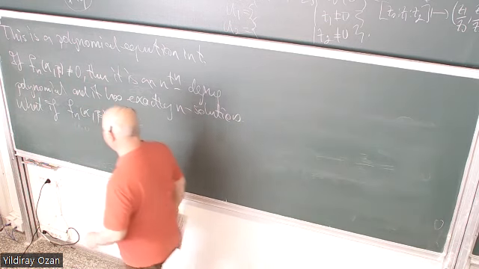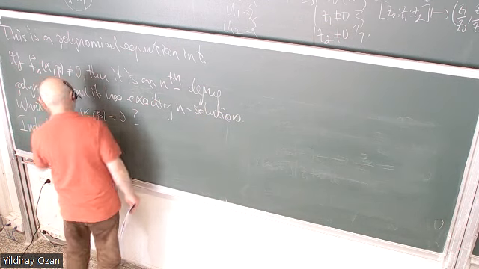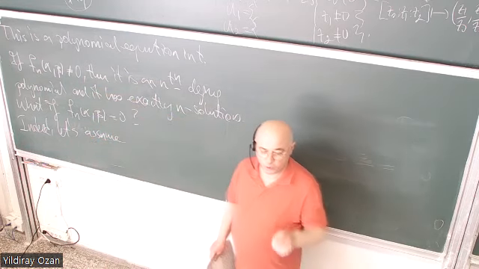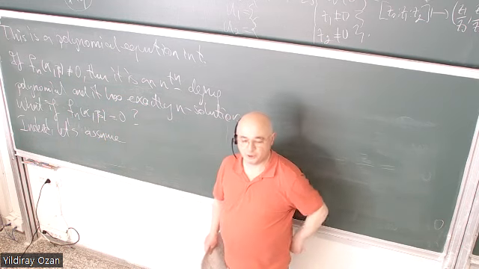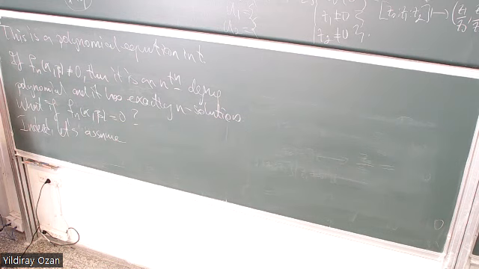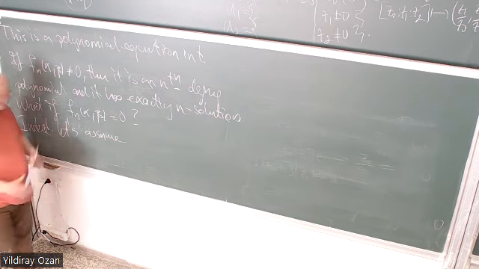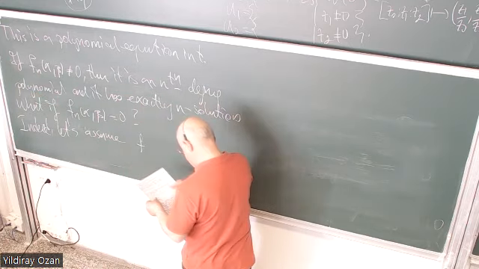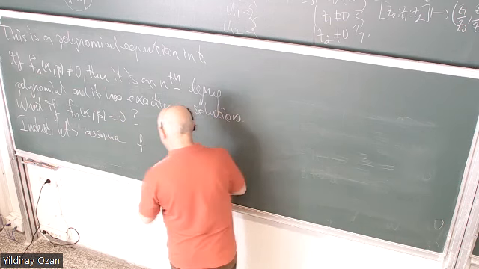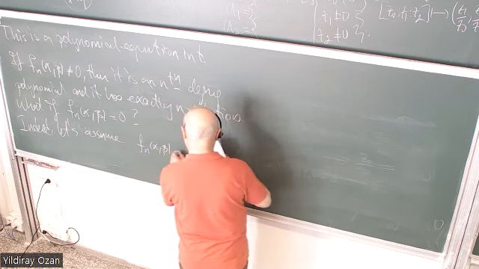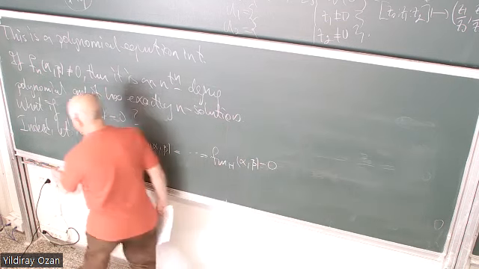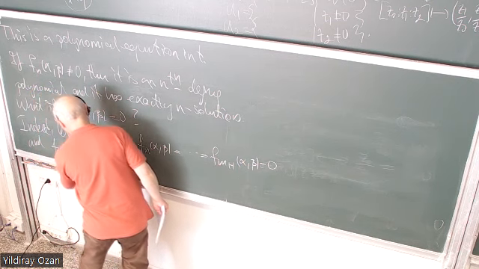Indeed, let's assume this: fn of alpha beta, up to f(m+1) of alpha beta, is 0, and the mth one is not 0.